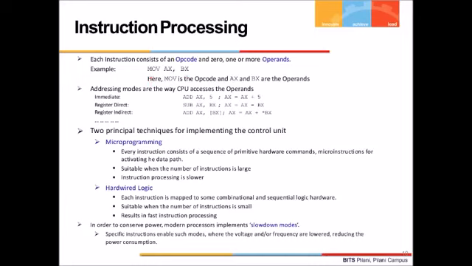Here, MOV is the opcode, and AX and BX are operands. An instruction may not have any operand, for example, NOP, which means don't do anything. It only has an opcode.